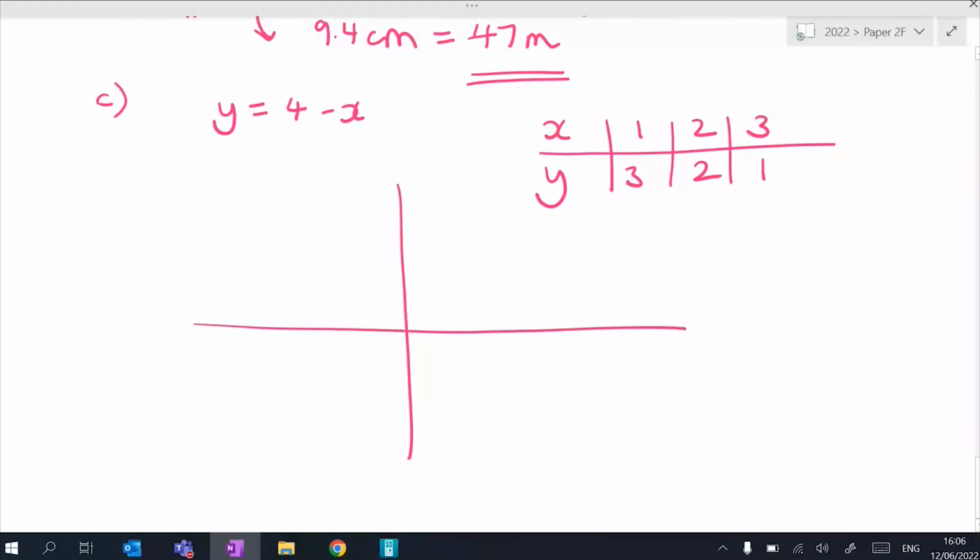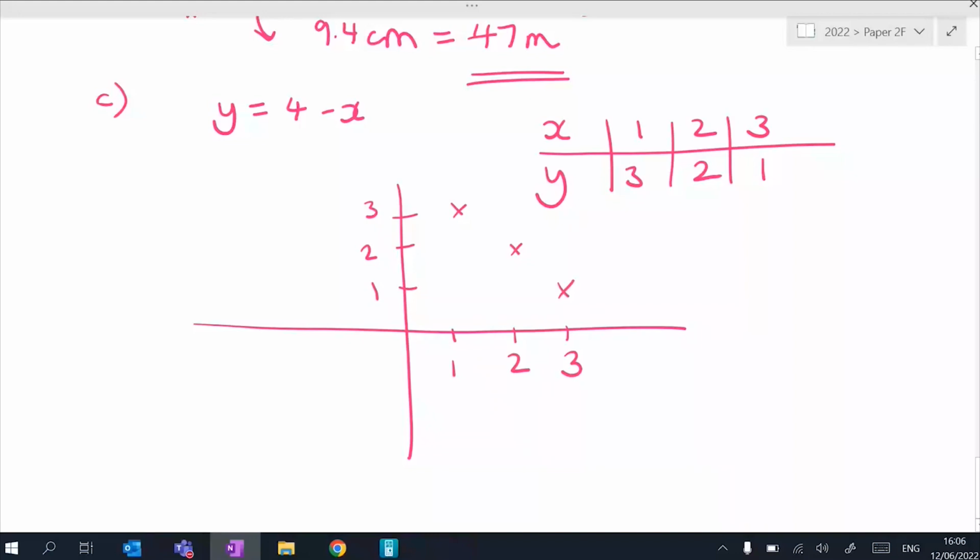So when you're drawing this graph, it's not going to be very accurate for me. 1, 2, and 3. Okay, then you're just going to plot the set of values. So x is 1 when y is 3. x is 2 when y is 2. And x is 3 when y is 1.